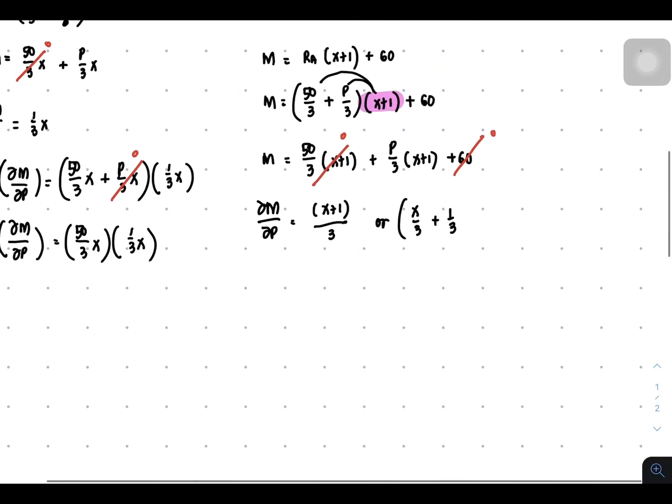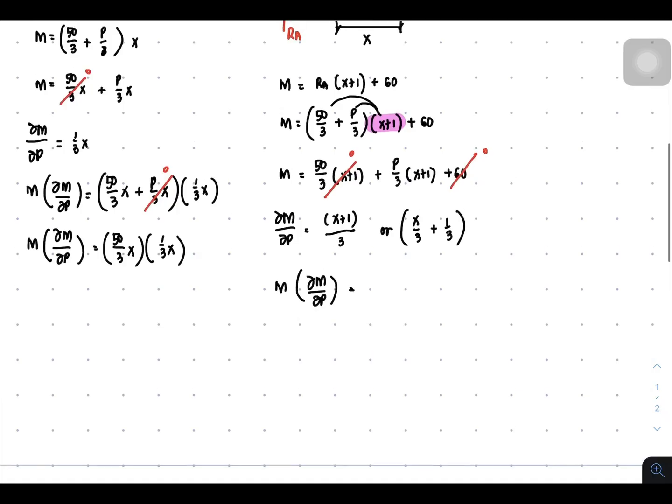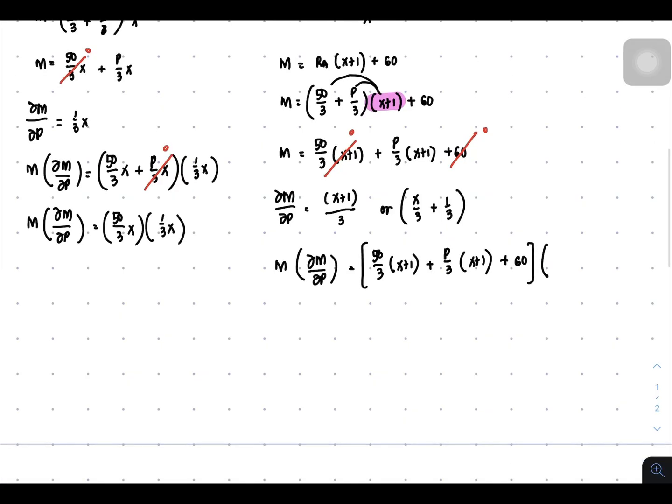So there. Get now the product of M with respect to the partial derivative. So it's going to be 50 over 3 x plus 1 plus P over 3 x plus 1 plus 60, and you get the x over 3 plus 1 over 3.